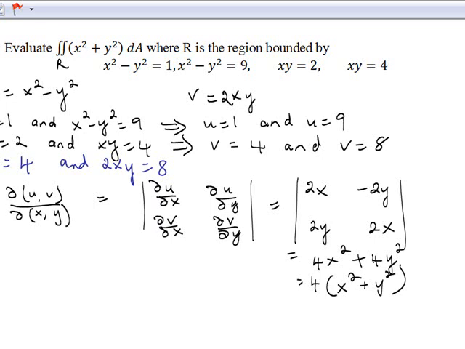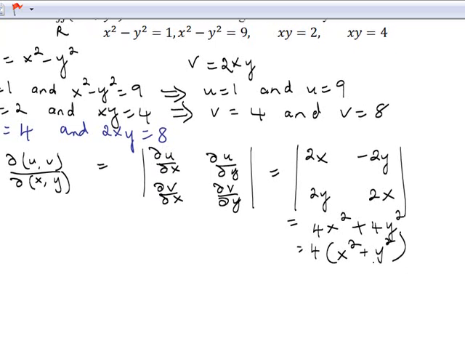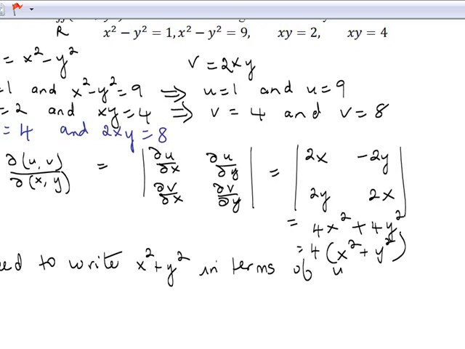Look at the transformations that we have. Let me just write what we're doing. We need to write x squared plus y squared in terms of u and v. That's what we're trying to do. Go back to your transformations.